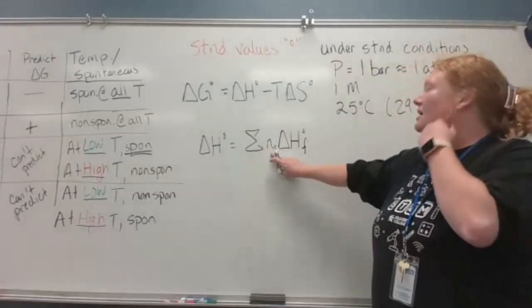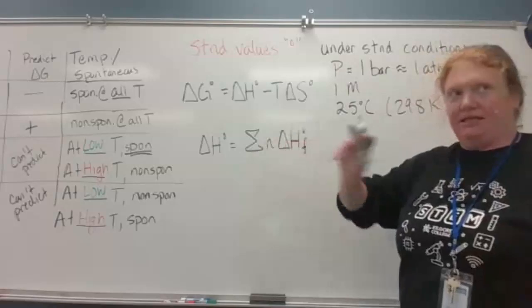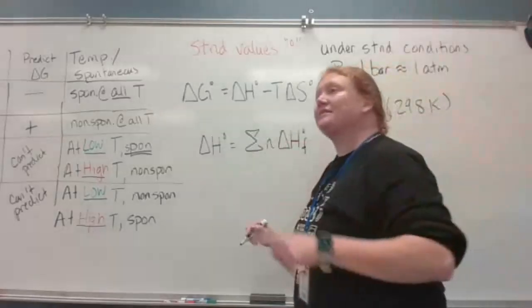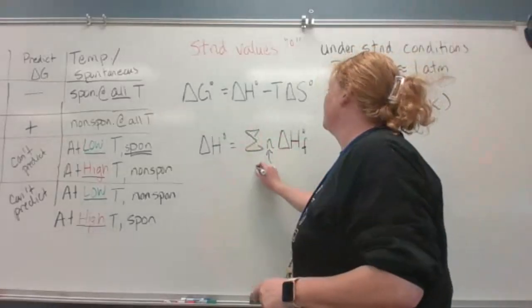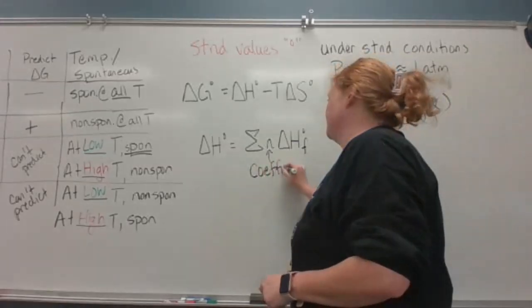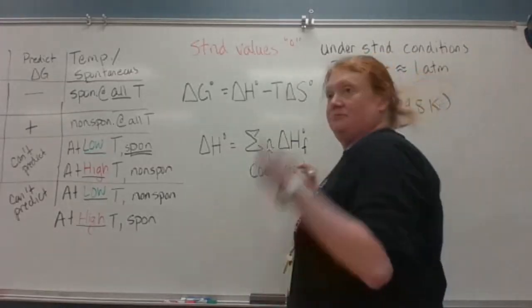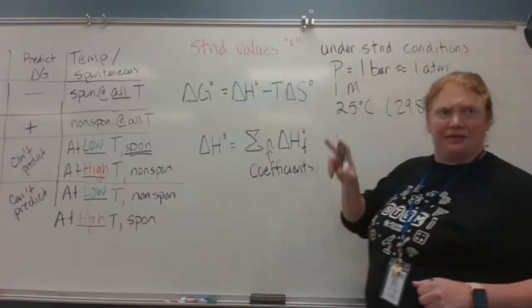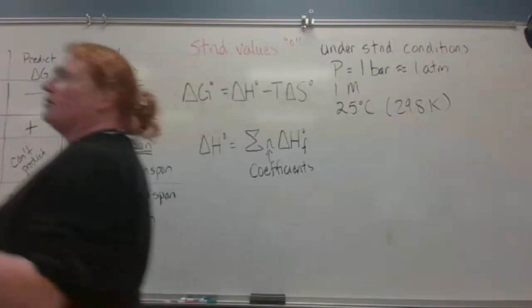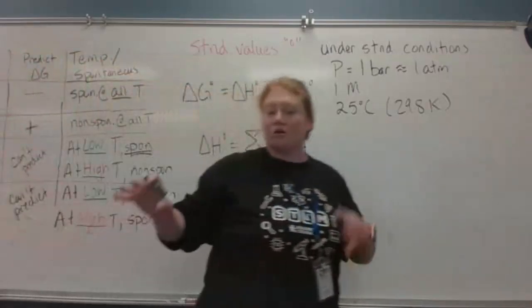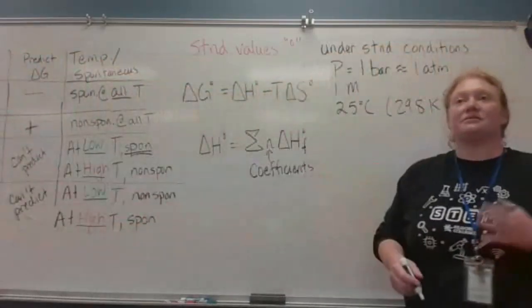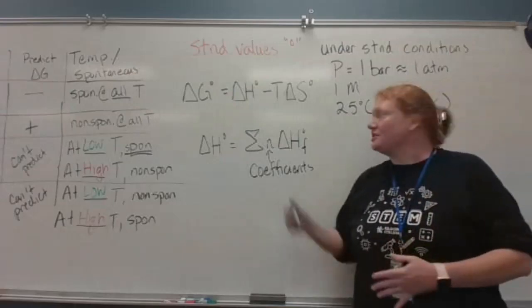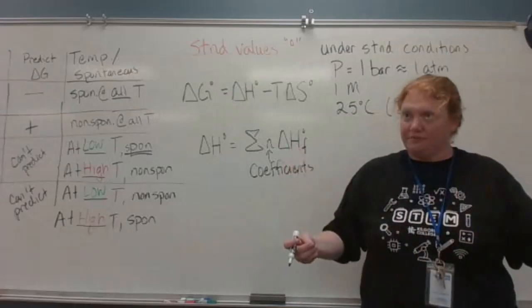Take the sum. N is the number of moles, basically the coefficients from the balanced equation. Delta HF, what does F mean? Formation. Formation values are symbolized with this F, and it's the energy released when this compound gets formed.